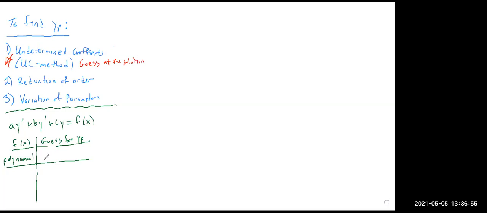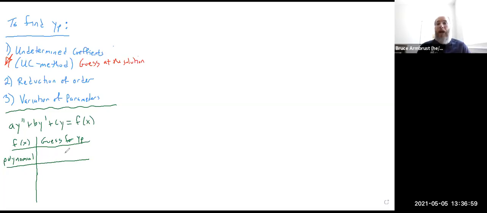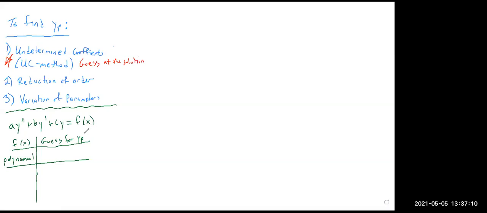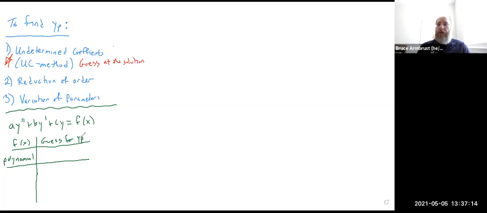Is y of p a function? Yes, y p is a function, and it's a function that satisfies the differential equation. Okay. So Ralph, I see you just put in ax squared plus bx plus c. You're definitely on the track of where I wanted to go.